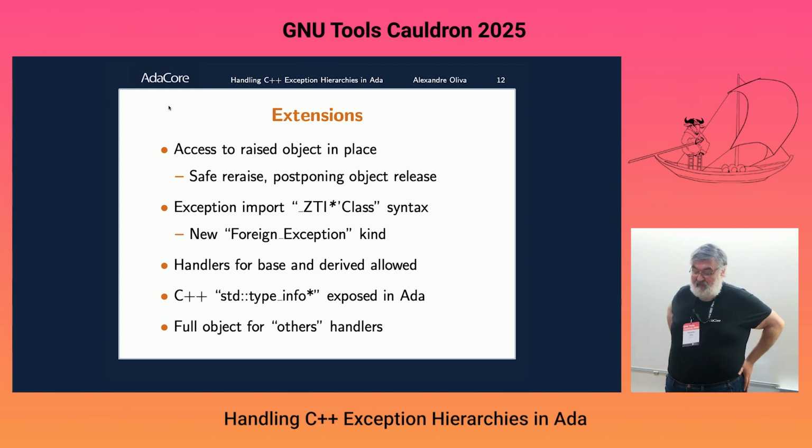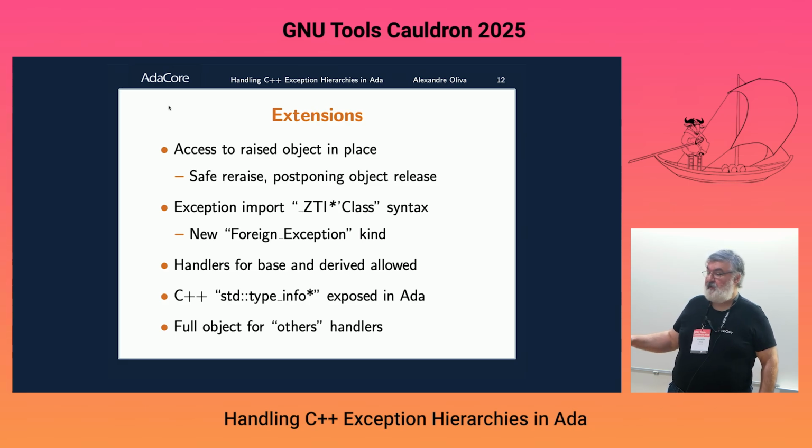So a summary of the extensions that we have made recently. You can get access to the objects in the exceptions in place without copying, so the fact that they're limited does not play a significant role. We had a problem of re-raising C++ exceptions, and the exception object would be considered handled and released too soon.